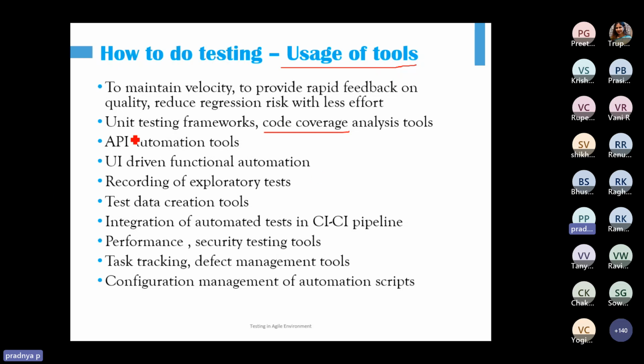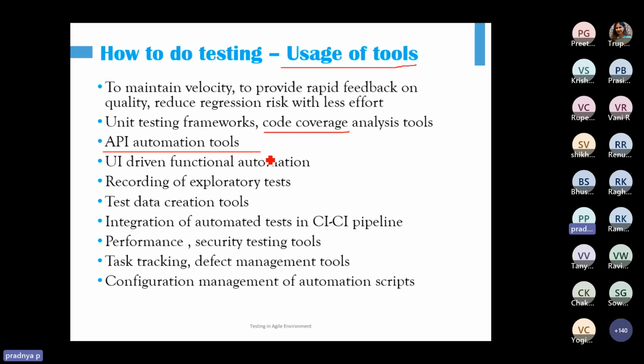API. Now, this is very important because most of the applications nowadays have service layers. Without a service layer, many applications are not present now. So, you have multiple services. Typically, whatever data is displayed on the UI or on mobile is fetched through some API calls.